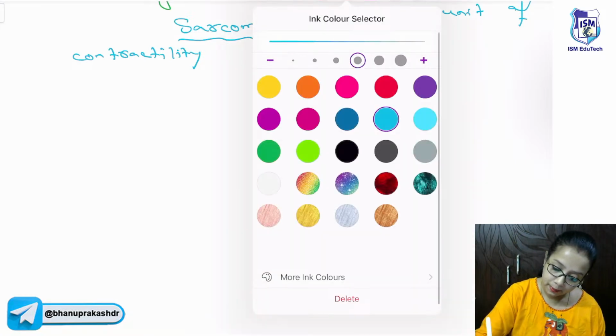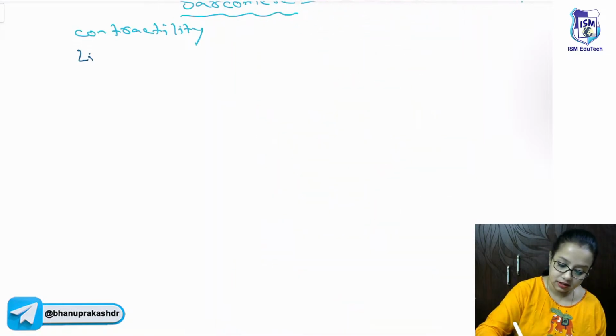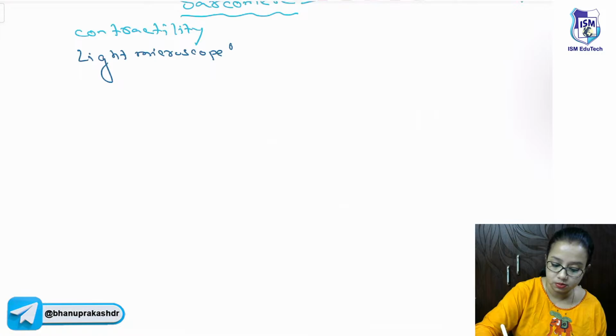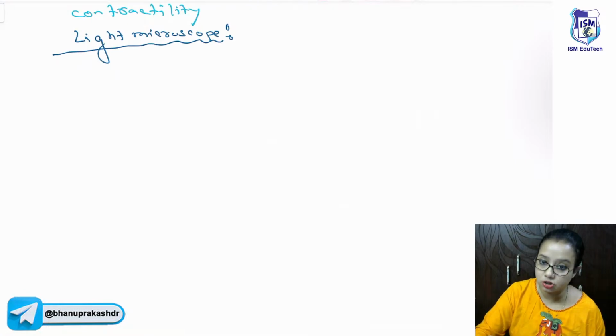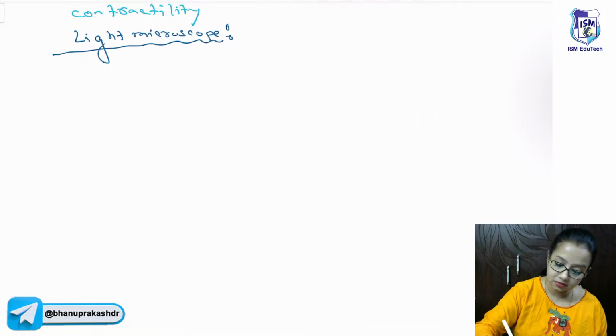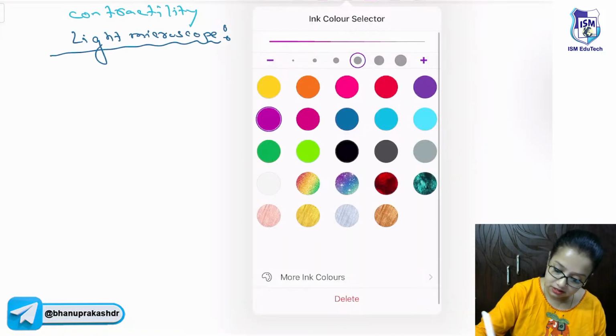Here, under the light microscope, the image of a sarcomere that we get is something like this.